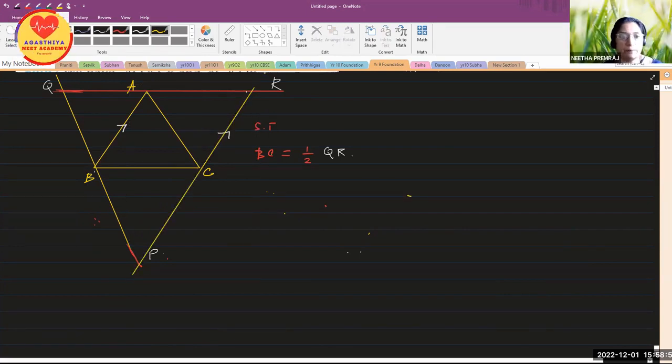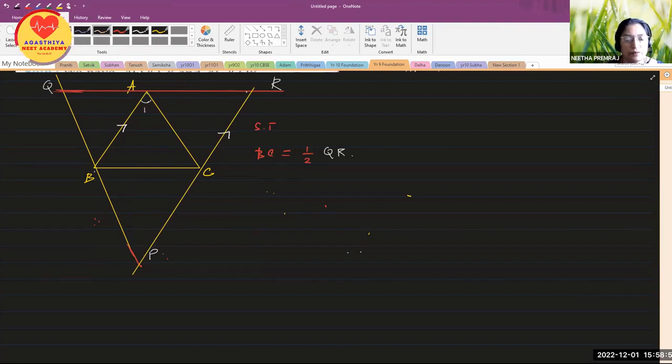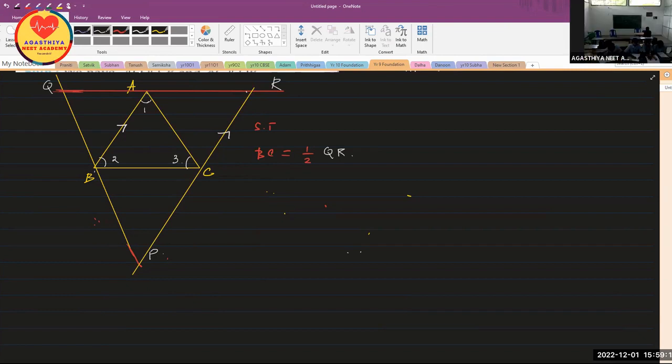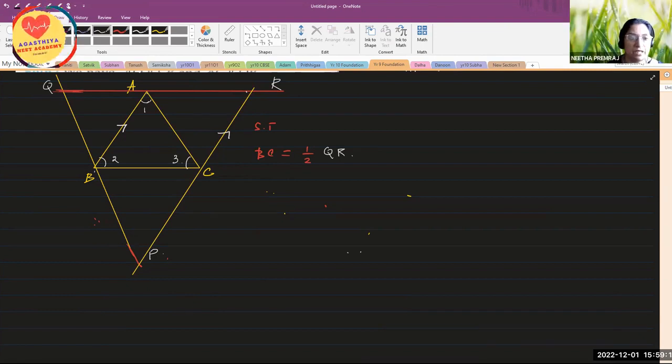Now, if you see, I name this angle as 1, this is 2, and this is 3. Now, if you see, these two lines are parallel. QR is parallel to BC. So this must be 2, isn't it? This must be 2 and this must be 3, correct?